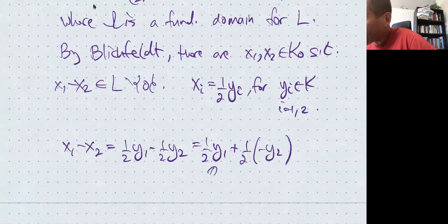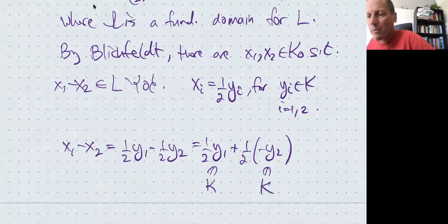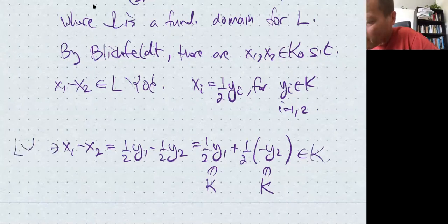Y1 is an element of K, y2 is an element of K, and K is centrally symmetric, so minus y2 is also an element of K. This is a convex combination of 2 elements of K. K is convex, so we're in K. So x1 minus x2 is a non-zero element of L intersected with K. And that's the proof of Minkowski's theorem.